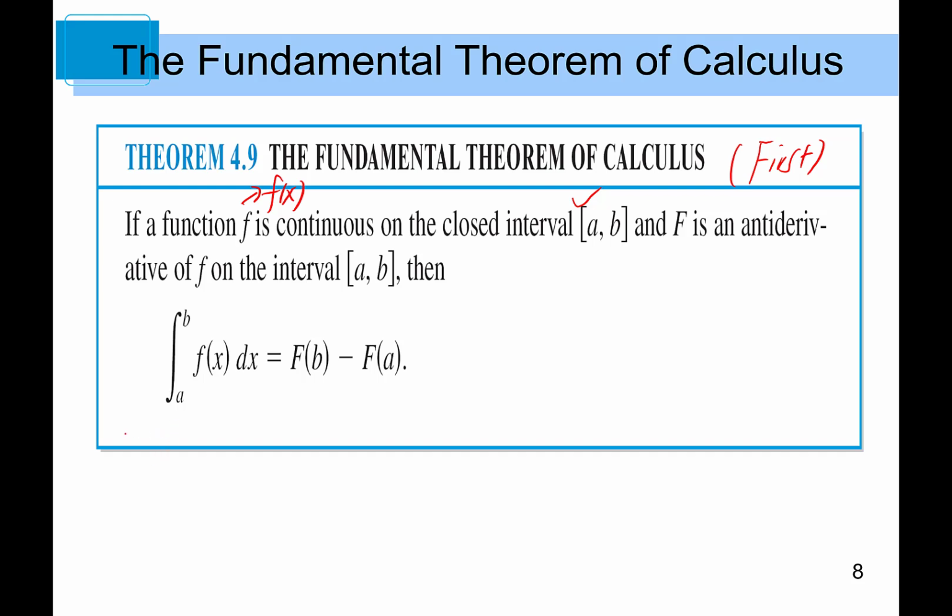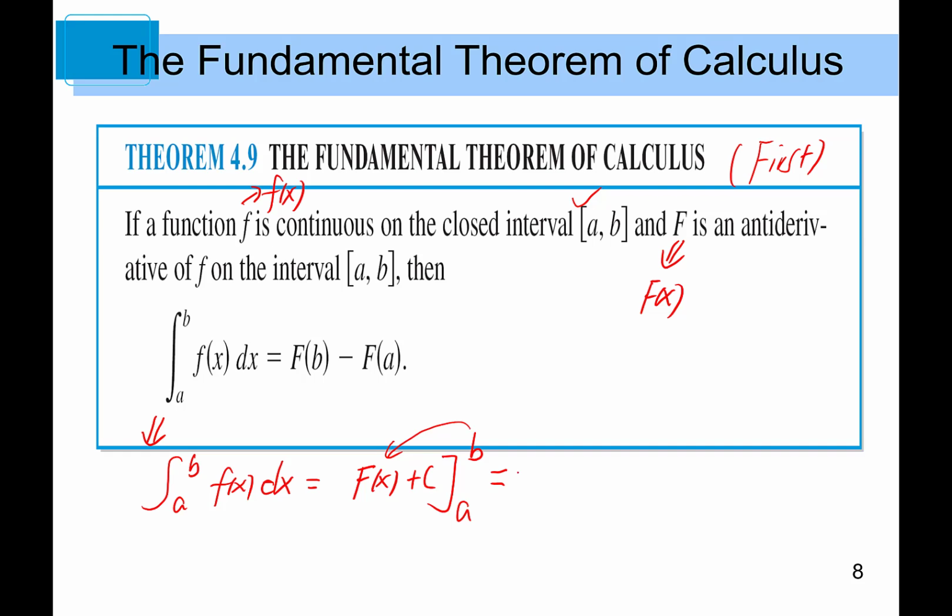So this basically works like this. Based on the description, uppercase F of x is an antiderivative of f on the interval a comma b, so that means it's going to be F of x plus c, and given a definite integral, x is from a to b. Now we replace x with b first, plugging b into the function, so we get F of b plus c.